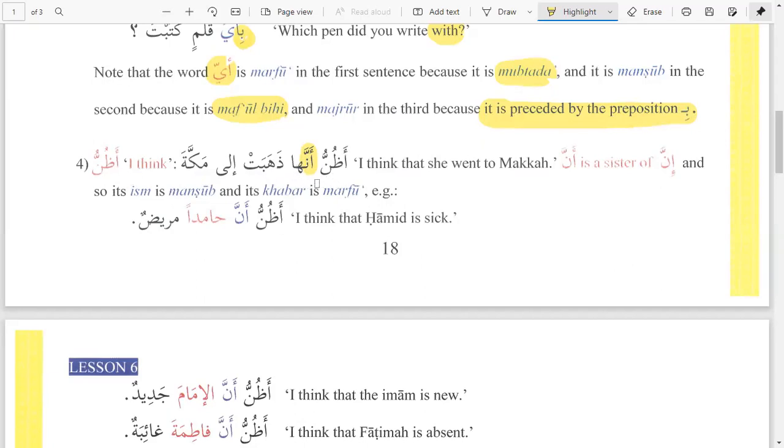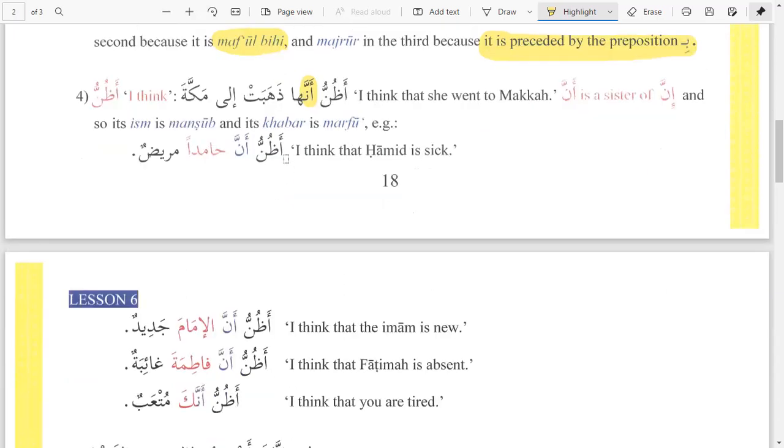So this is anna, and we will call it ismu anna, and it will be mansoob. It will take fatha. But we have learned that pronouns are mabni, they don't change their haraka. So it is annaha.